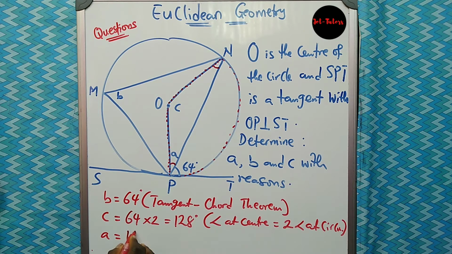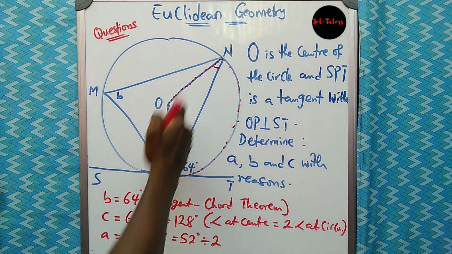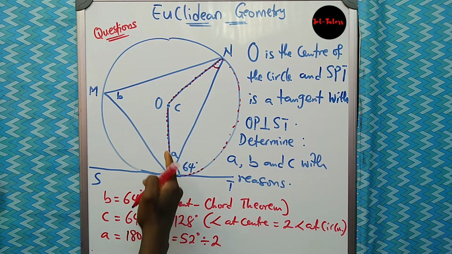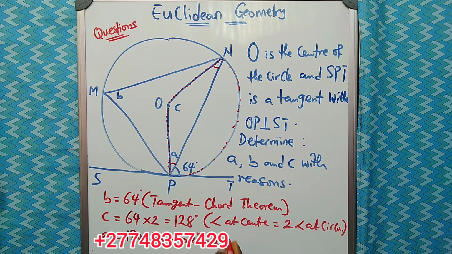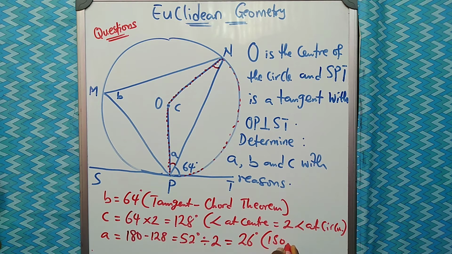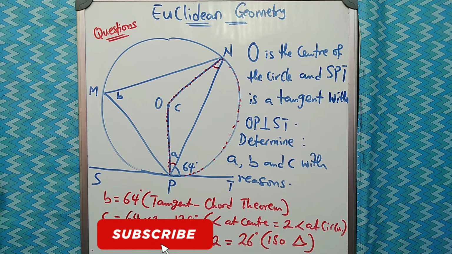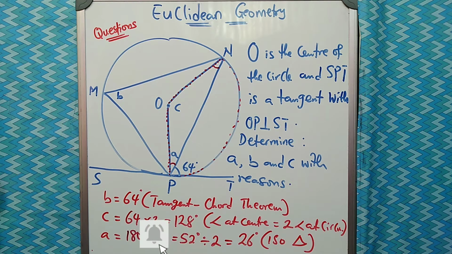So if I subtract 128 from 180, I'm going to have 52 degrees. And I can divide the 52 degrees by 2 because these angles are going to be equal, so the remaining angle left for the two of them to share is 52. It's going to be 26 degrees. And we can put there that it is an isosceles triangle. That is the reason. Very simple. As I've said earlier, Euclidean geometry is very simple. Let's try another question.